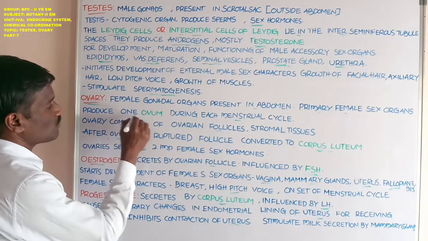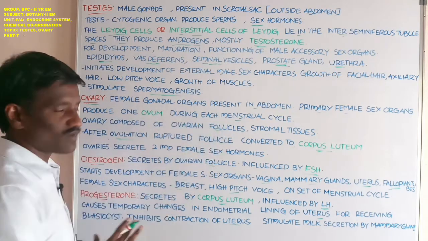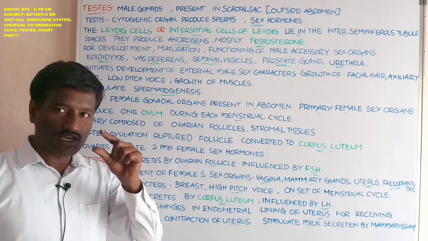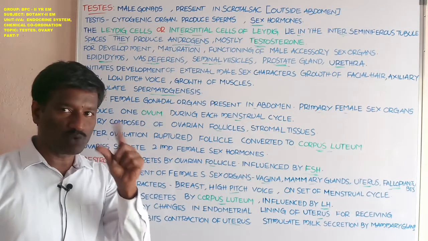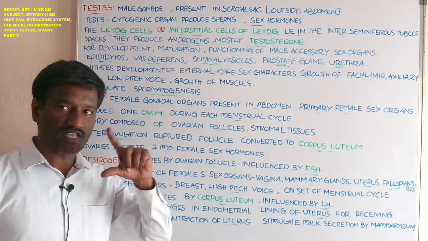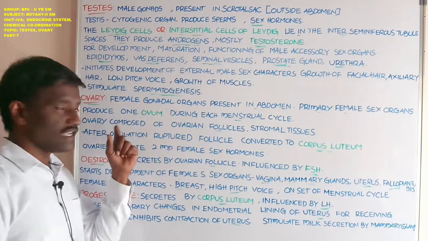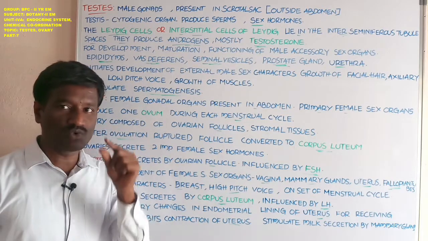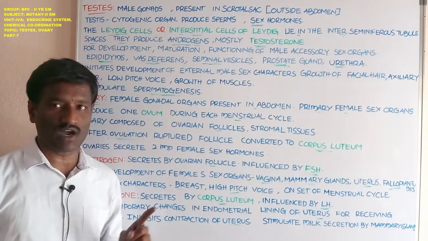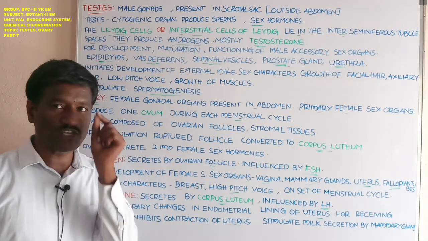The ovaries are two in number, located on either side in the abdominal cavity, and each ovary produces a single ovum in each menstrual cycle.